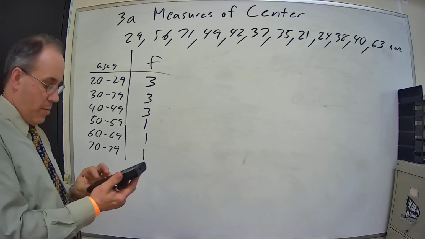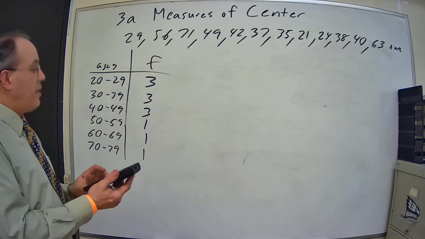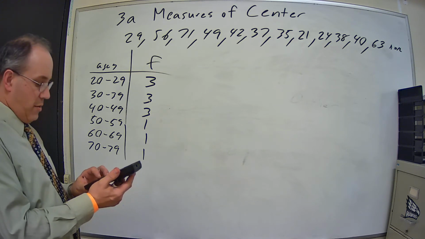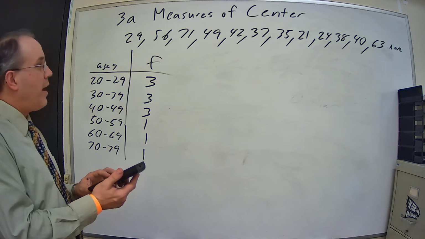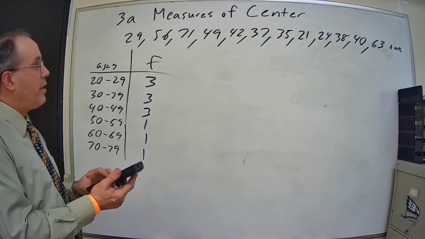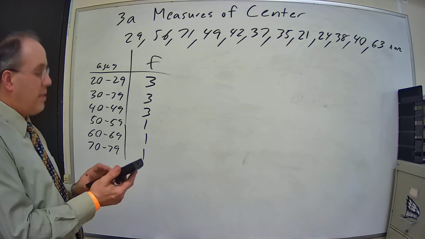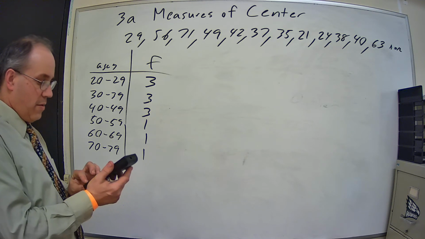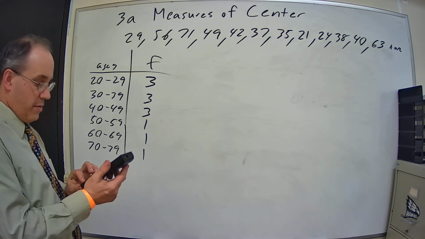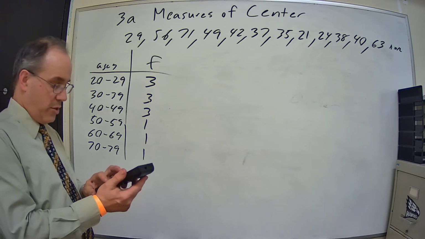I'm going to add them up: 29, 56, 71, 49, 42, 37, 35, 21, 24, 38, 40, 63, which gives us 505, and then we're going to divide that by 12.